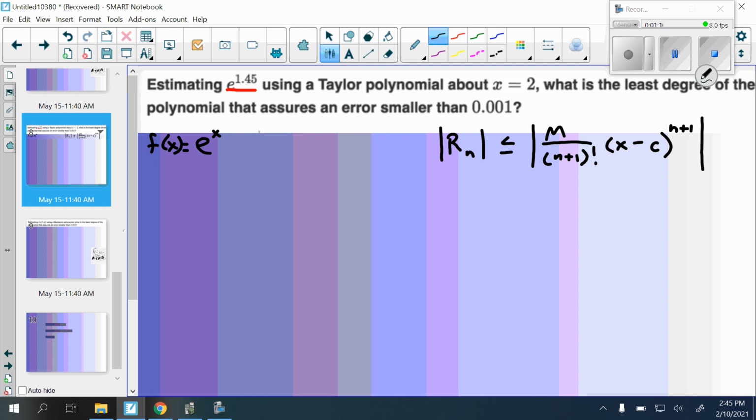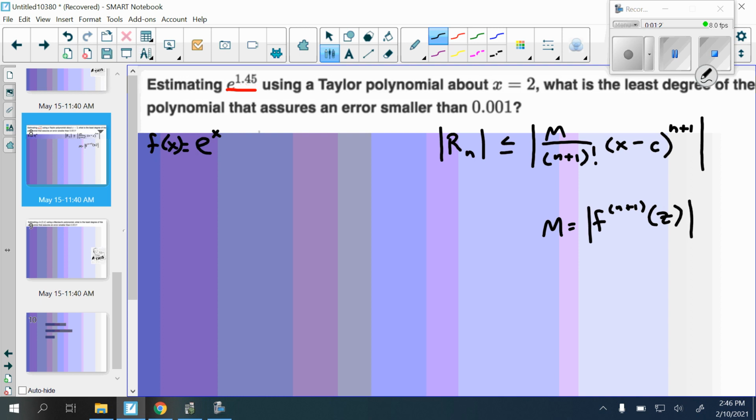And so we're going to need some different derivatives because we know M in these problems is the n plus 1 derivative at the biggest value.